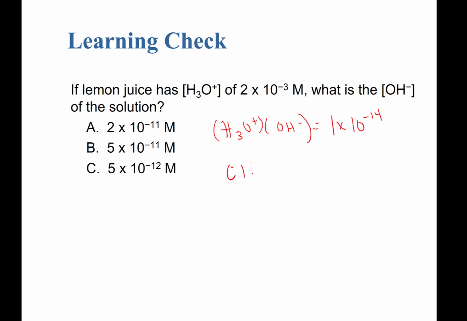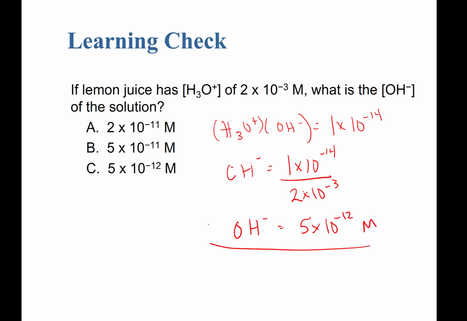So if I want to find my OH-, I'm going to take 1 times 10 to the negative 14th divided by 2 times 10 to the negative 3rd. And I got 5 times 10 to the negative 12th molar. So that would be C.